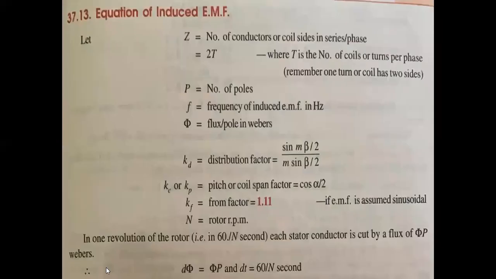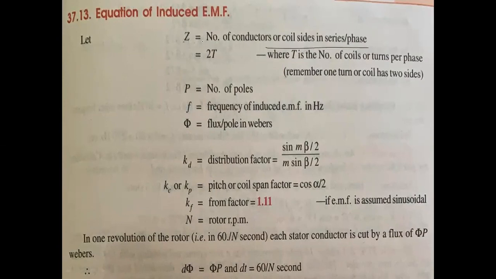And next, what is the induced EMF? As you learned the induced EMF before, in induction motors, alternators, generators, motors, transformers, like that only, here also we have to deduce the EMF equation. For that I am taking the assumptions. See, Z is equal to the number of conductors or coil sides in series.